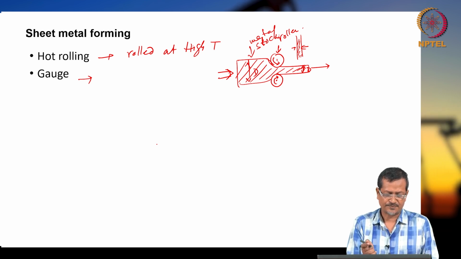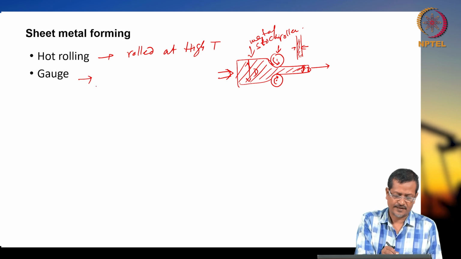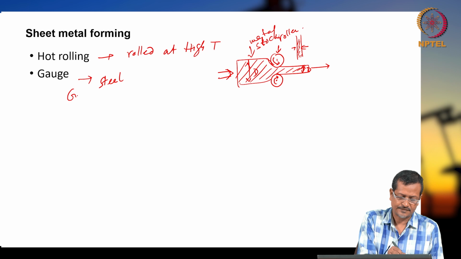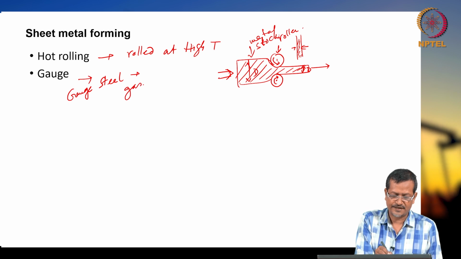The standard thickness of sheet metal for a specific material is called steel gauge. The spelling is GAGE, sometimes they write it like this also.